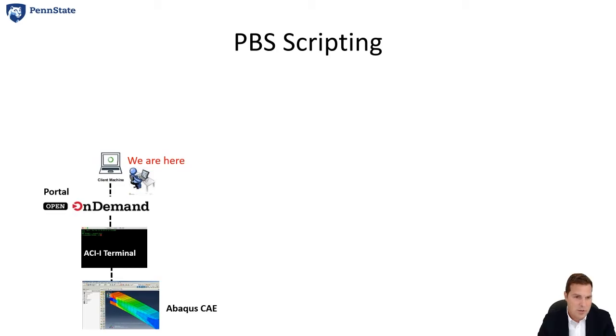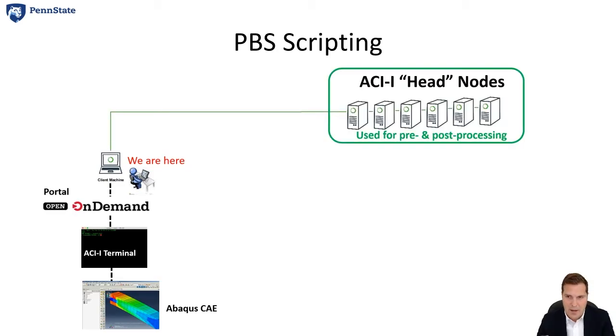There's another way we can go about it. When we connect to this, what's actually happening is that it's connecting to ACI head nodes. There's a number of those, like 20 or whatever, and that's what we actually log into.